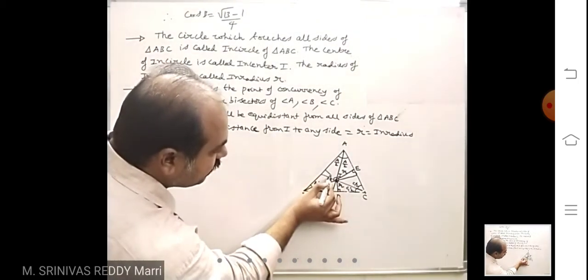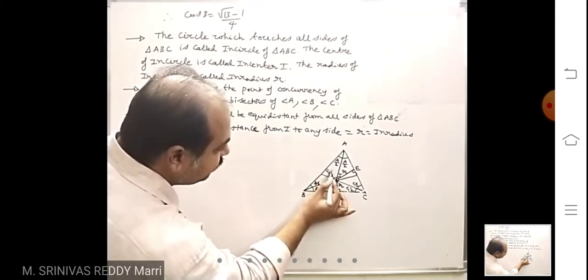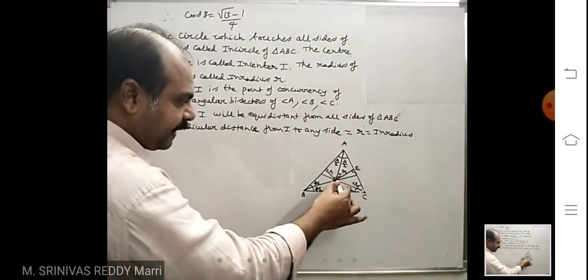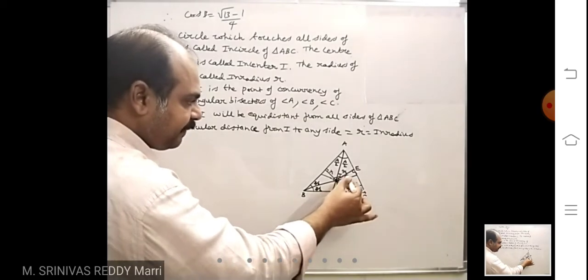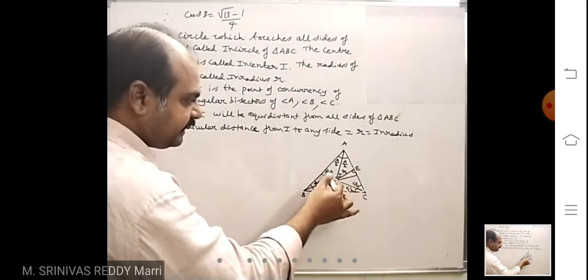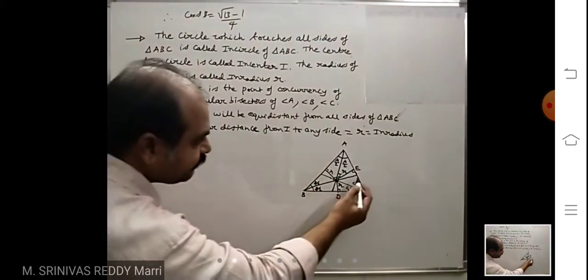I will be equidistant from all the sides. That means the perpendicular distance from I to the side BC, to the side CA, and to the side AB, all the three will be equal. So look at here.